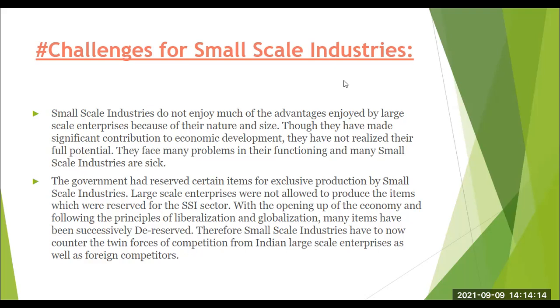For example, there are only three sectors that are held by the government. Which things are owned by the government of India? Only three businesses: railways, arms and ammunition, or you can say defense services, and atomic energy, right?